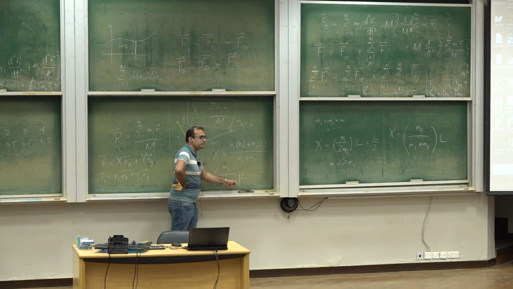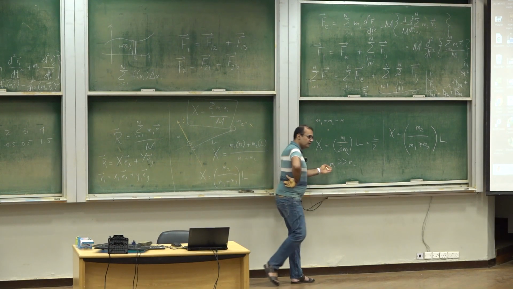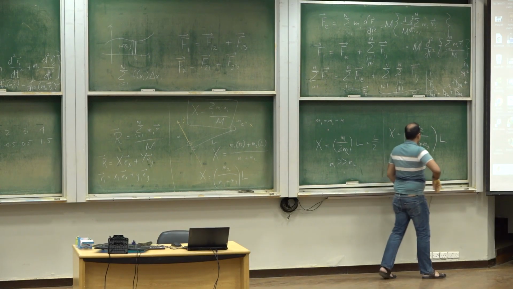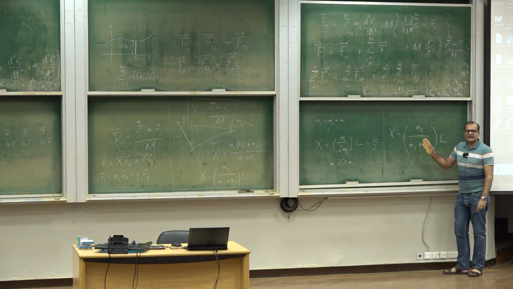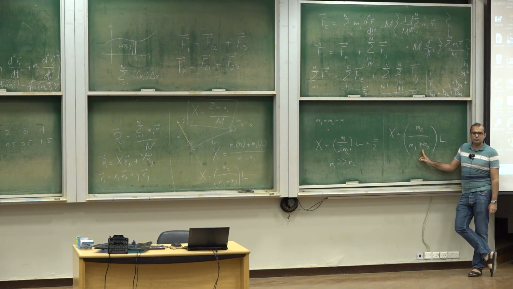Now the actual value depends on what m1 and m2 are. If m1 and m2 are equal, the center of mass is right in the middle. If m1 is much bigger than m2, which is what I'm doing now, you can straight away argue that m1 plus m2 is approximately equal to... You keep applying L'Hopital's rule and so on. Now is your time to shine. If m1 is much bigger than m2, what is m1 plus m2 approximately equal to?